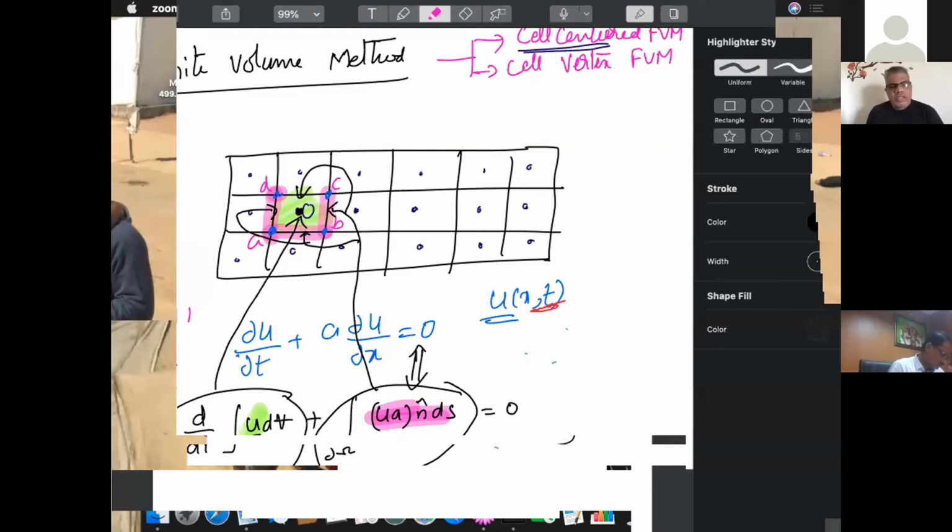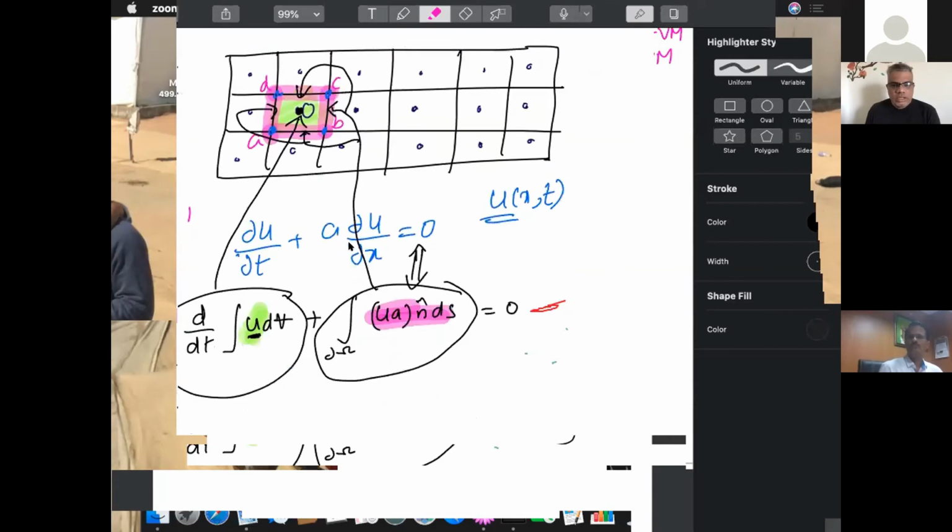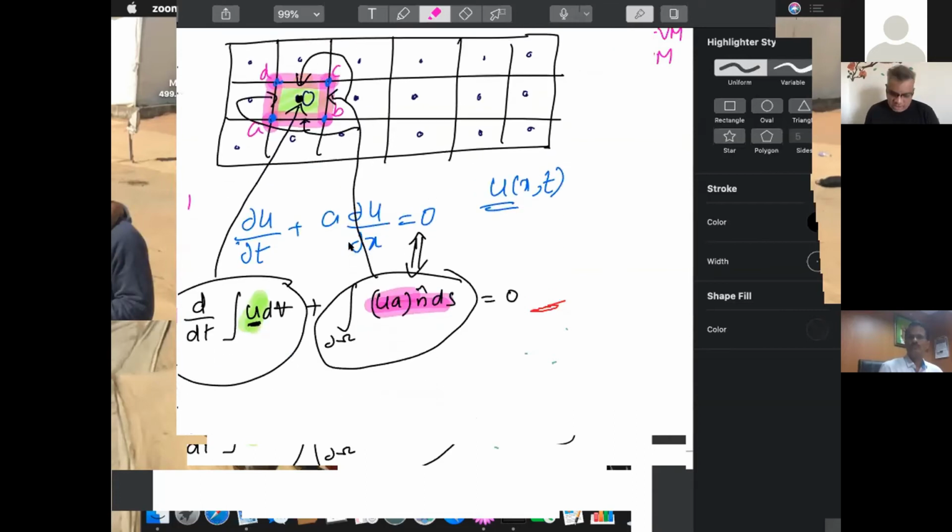The value at the surface is not there. So how do you get this integral when the value is not available? That's a major question of research in finite volume method. Even now, people are devising different techniques to evaluate the surface integral in finite volume method. So you see the complexity that has increased from finite difference method to finite volume method.